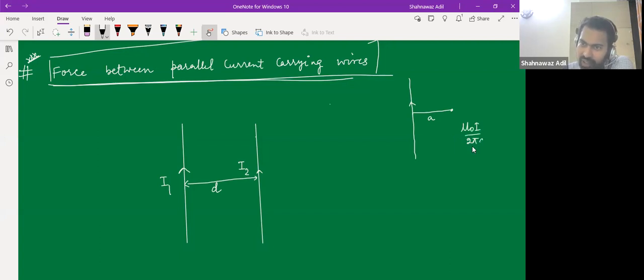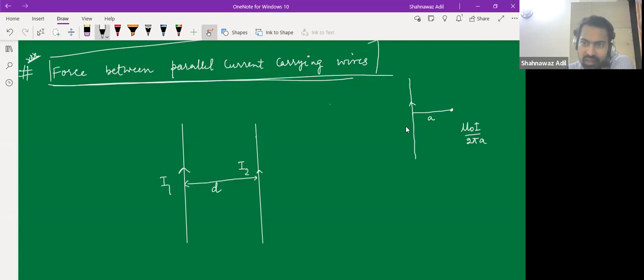Good. And what was the direction at this point? Whenever we talk about the direction, just remember the right hand thumb rule.